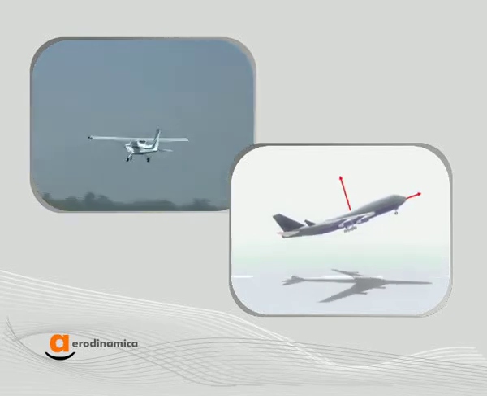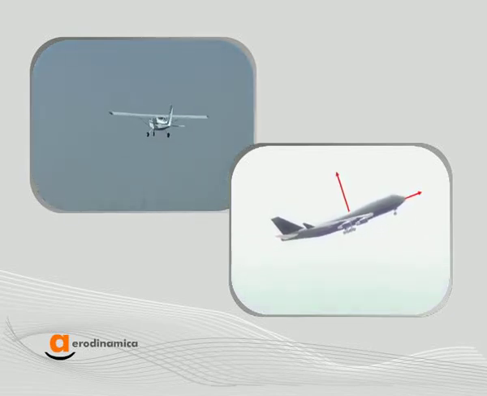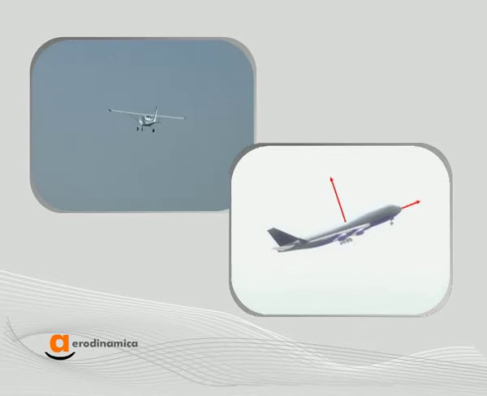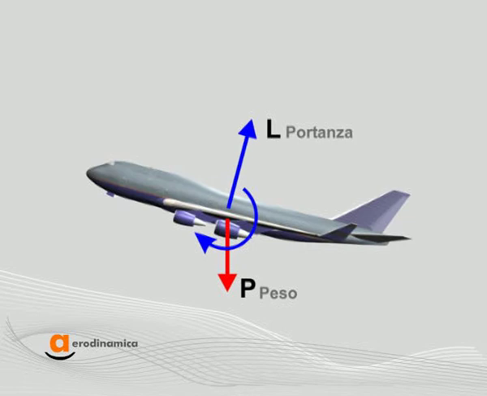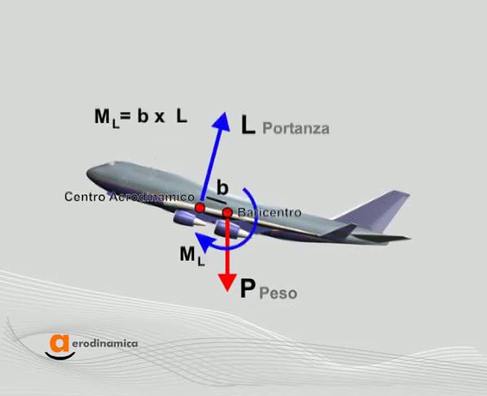But what actually takes place during the climbing, i.e., how does the airplane maintain its balance? On the airplane, four already known forces act: the weight, P, the lift, L, the drag, D, and the thrust, T. The lift force can be seen as a force applied at the so-called aerodynamic center of the airplane.